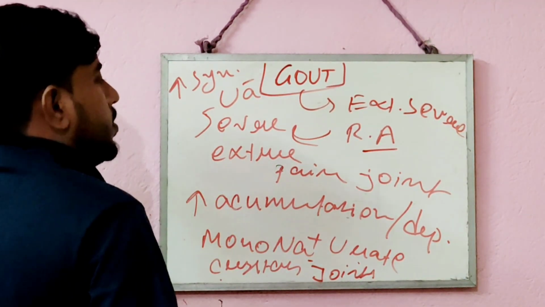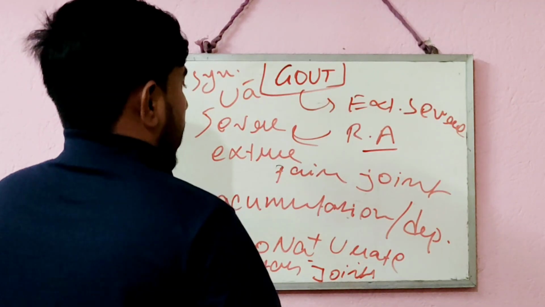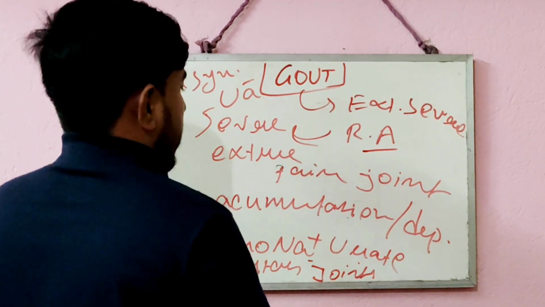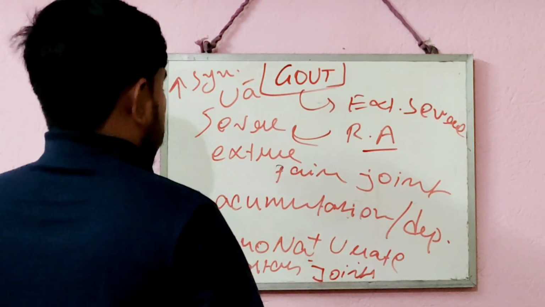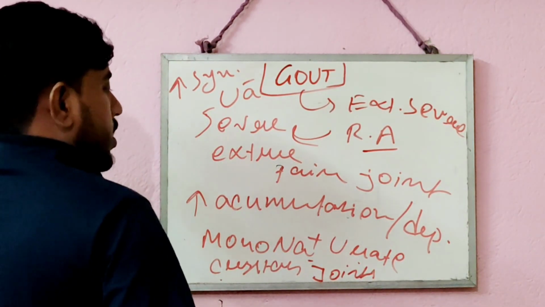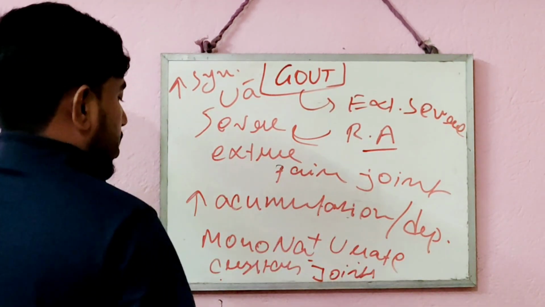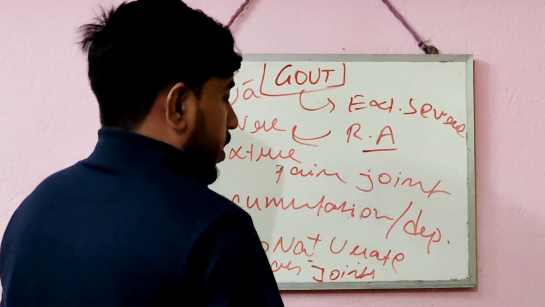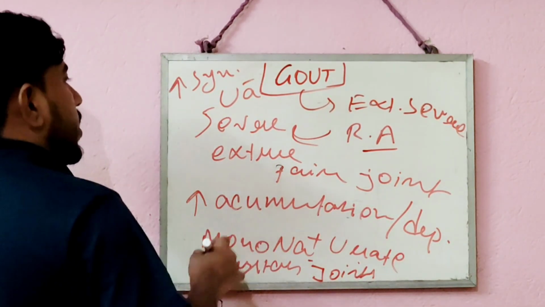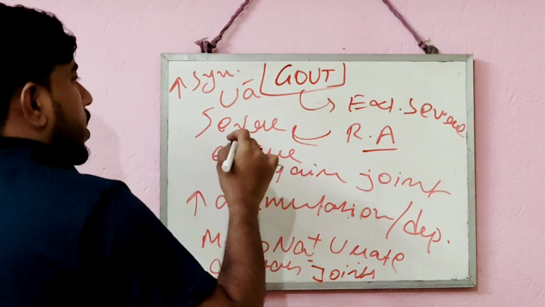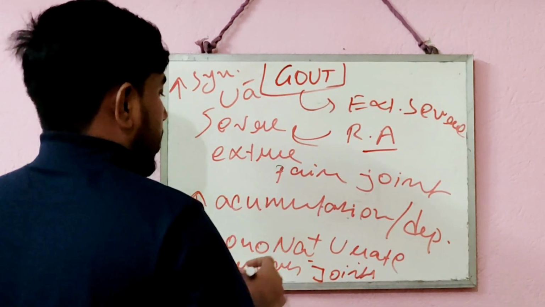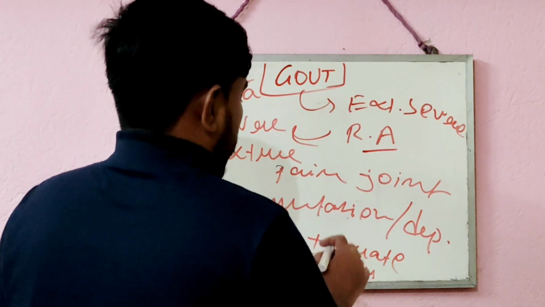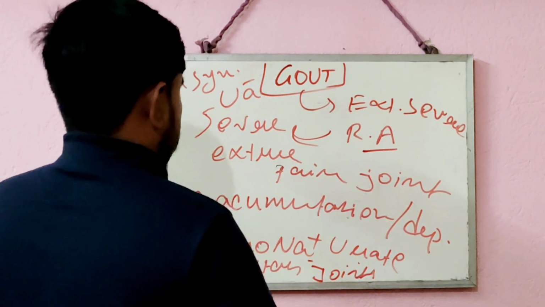So GOUT is the severe arthritis where the patient is feeling severe pain and joint inflammation because of the increasing deposition and accumulation of monosodium urate crystals in the joint due to the over synthesis of uric acid in our body, and that leads to severe joint pain and inflammation.